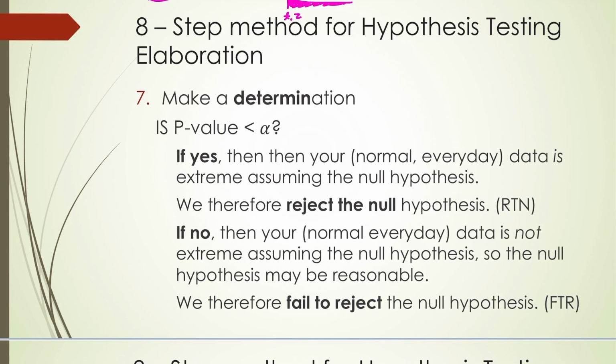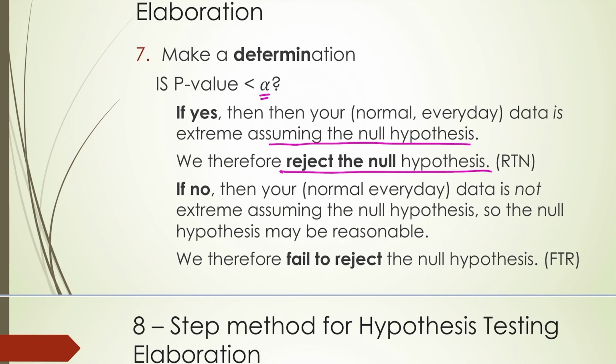Okay, step 7, make a determination. Is the p-value less than alpha? If yes, your data is extreme. If the p-value is less than alpha, then that data is regarded as extreme under the assumption of the null hypothesis. We reject the null hypothesis.